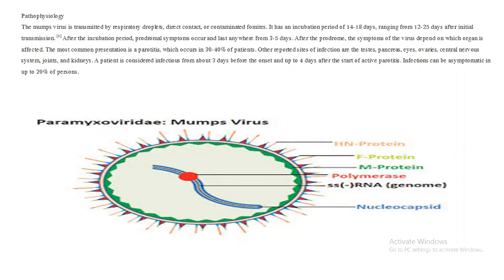The most common presentation is parotitis, which occurs in 30 to 40% of patients. Other reported sites of infection are the testes, pancreas, eyes, ovaries, central nervous system, gland, and kidney. A patient is considered infectious from about 3 days before the illness and up to 4 days after the start of active parotitis. Infection can be asymptomatic in up to 20% of persons.